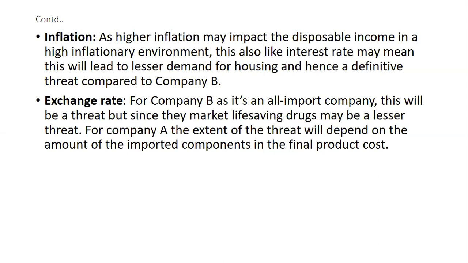In general theory, when the price goes up, the demand comes down, and people will not be able to afford it. So exchange rates will have more impact on the condominium or apartment construction business, as the hardware items and other raw materials they use will go up in price. So that's the impact. Now you have to analyze in this manner critically with regard to the scenario given.